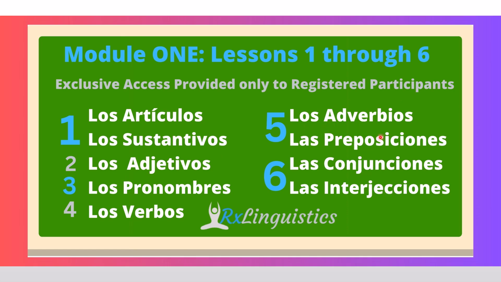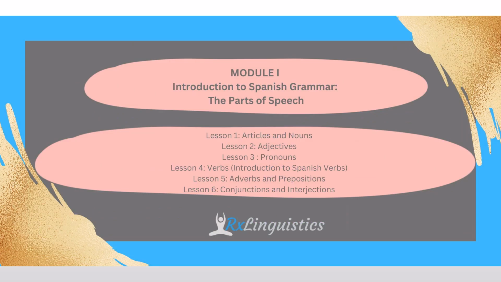Lesson 5 is adverbs and prepositions, and lesson 6 is conjunctions and interjections. With that, you will have covered the first part of Spanish grammar that you need to advance. After that, there will be a second part, which is building simple sentences in Spanish. These are the same things I just said, the content of module 1.